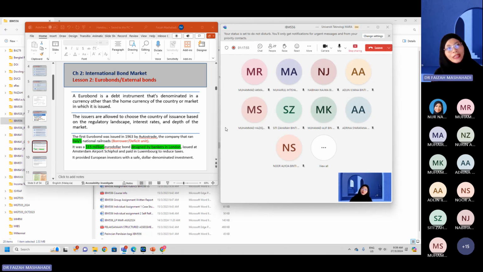They can choose a country where the tax is quite low, where the government imposes low tax. Can we do that? Yes, can, no problem. That's why we have this globalization of financial markets. You can choose where you want to have your account and where you want the interest to be credited into your account. You can decide depending on countries that charge lower taxes, so that you can reduce the amount of tax to be paid to the government.